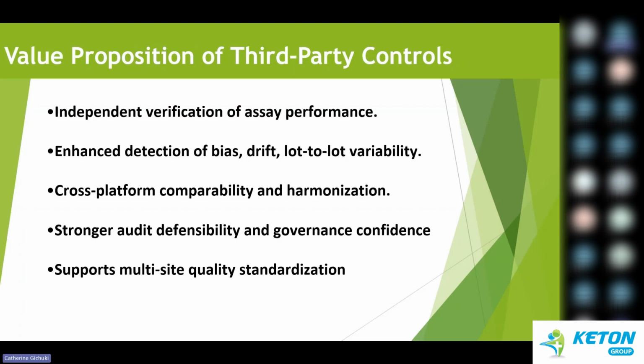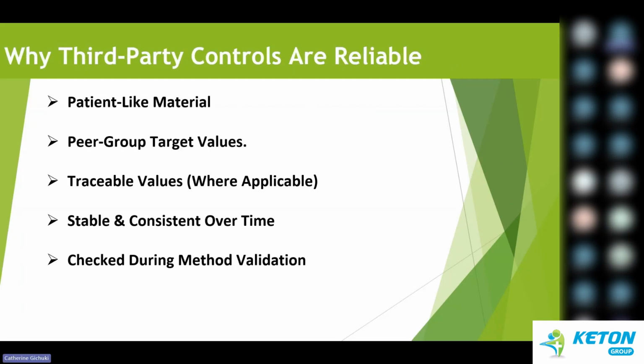It makes it easier to explain and defend your quality control system to auditors and even management when there's need for evidence. Then it supports multi-site quality standardization. Usually when you have more than one branch, it helps all the branches follow the same quality standard and perform consistently.